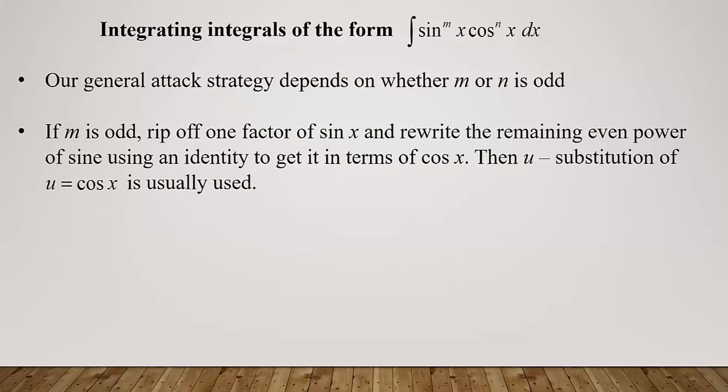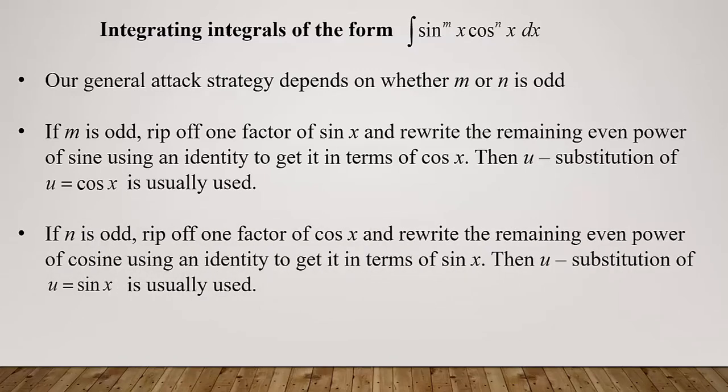If m is odd, I'm going to rip off one factor of sine x and then rewrite the remaining even power of sine using an identity. That will allow me to get it in terms of cosine x. Then a u substitution of u equals cosine x is usually used.